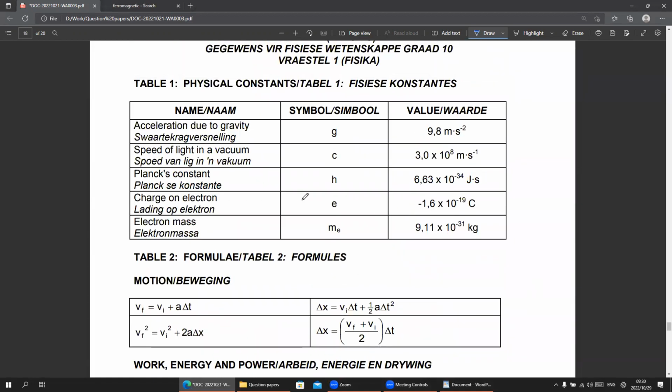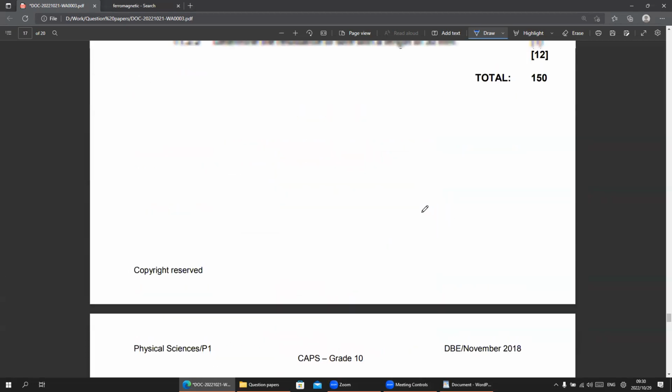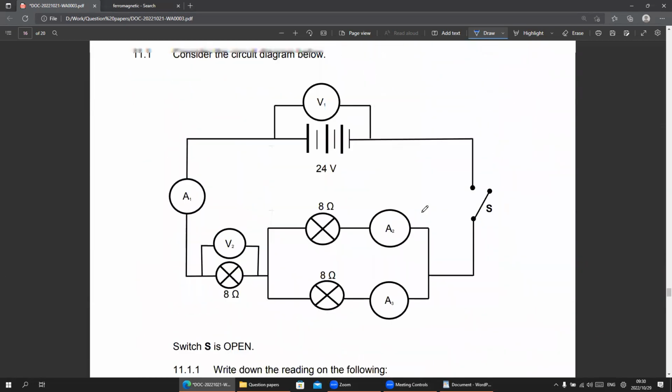So you're gonna go here and find the charge of an electron, which is negative 1.6 times 10 to the exponent negative 19.